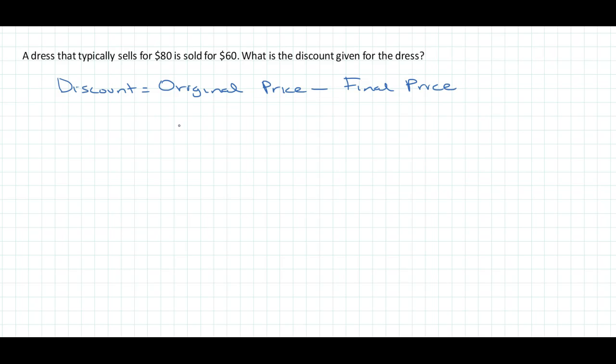The reason we do it this way, remember, is that your final price is always lower than your original price. So here, your discount is going to be $80 minus $60. This is going to be a $20 discount. So your discount here is $20.